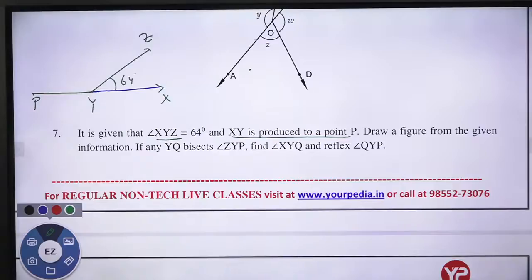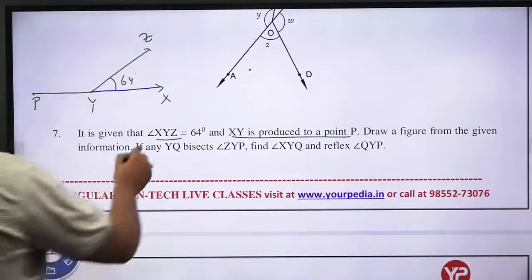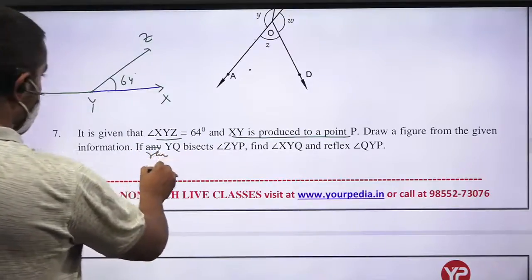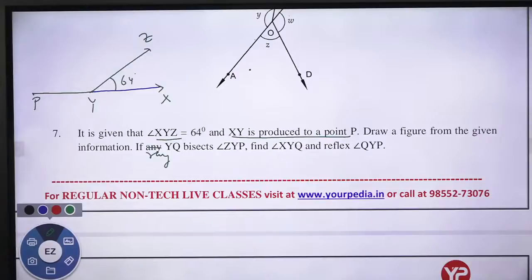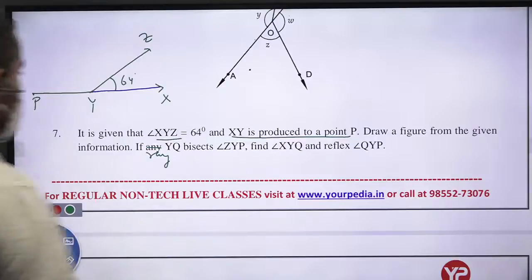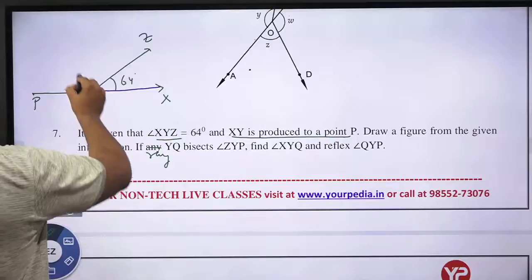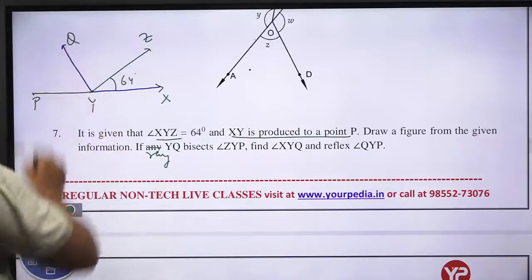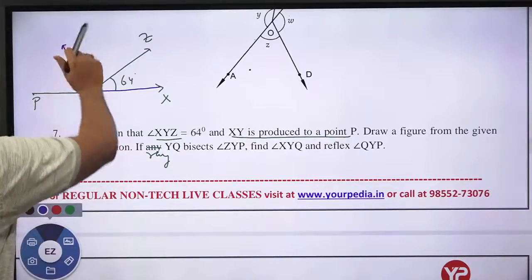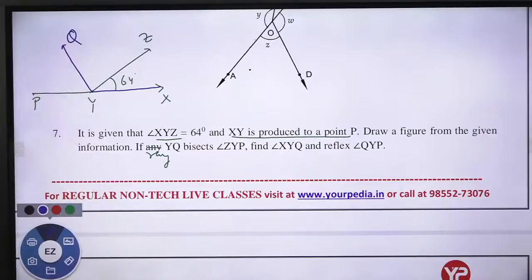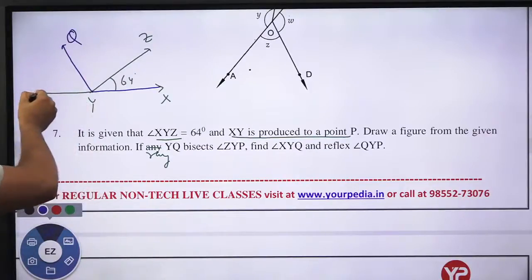If ray YQ bisects ZYP, so this is YQ. ZYP will be this angle, students.